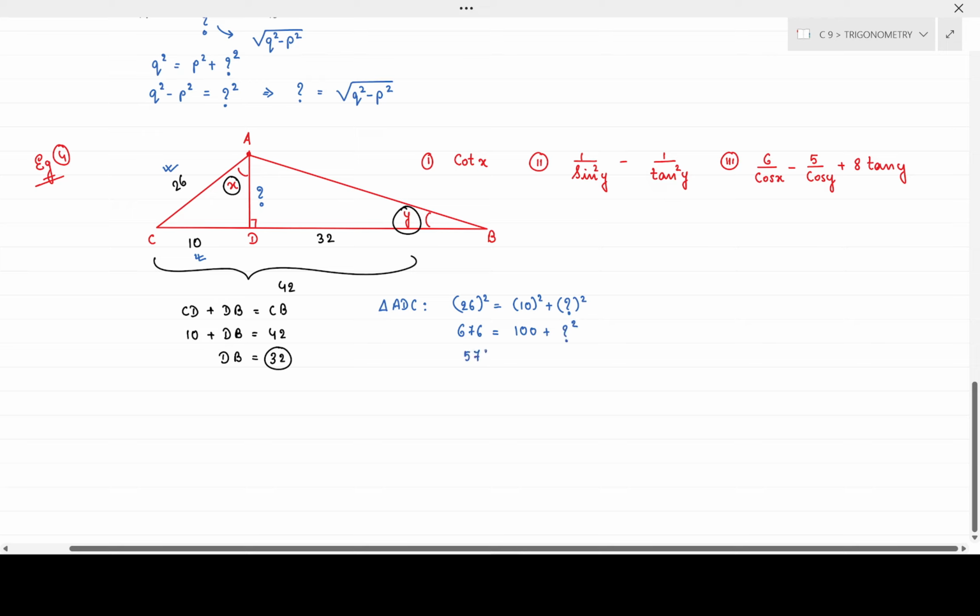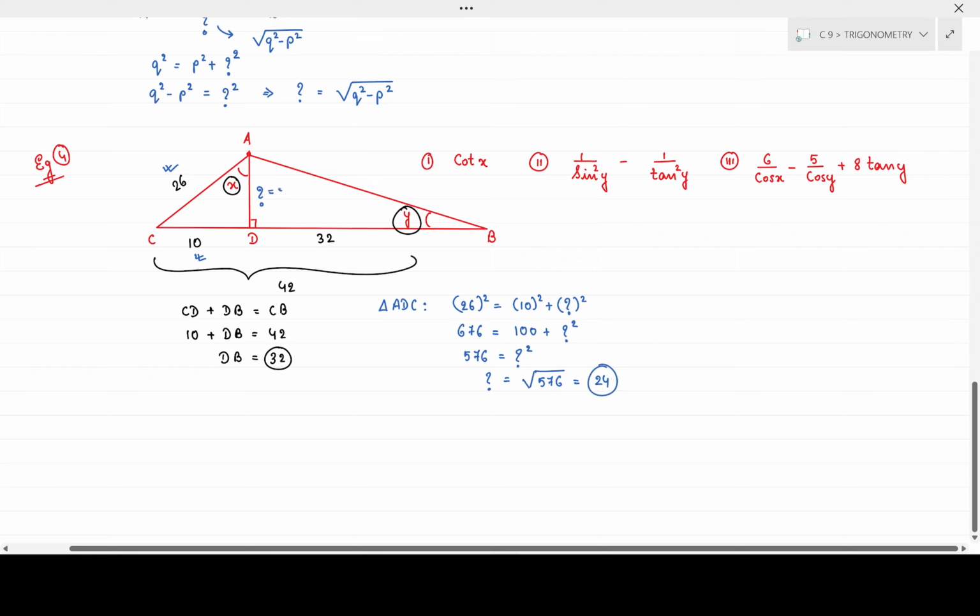So the value of question mark square will be 576. So the value of question mark will be under root 576, and that is 24.